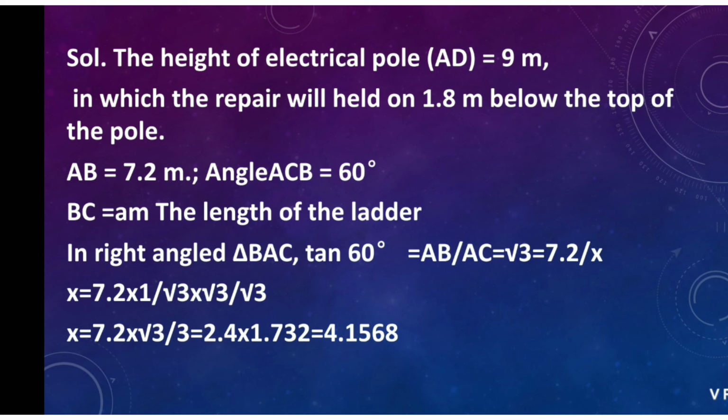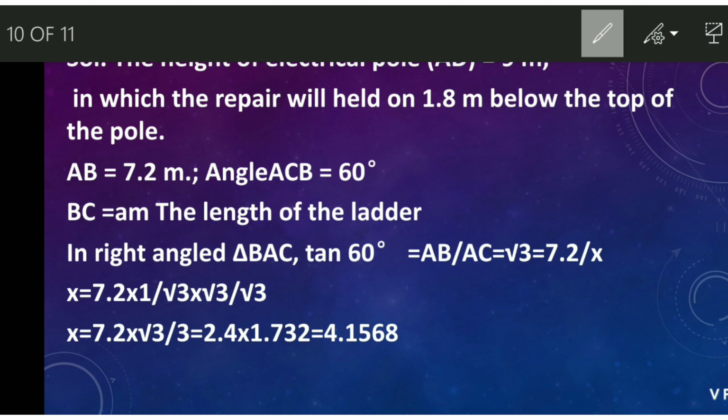In the right angle triangle BAC, we have tan 60 equal to opposite side by adjacent side, that is AB by AC. We have tan 60 equal to root 3, that is equal to 7.2 divided by x.